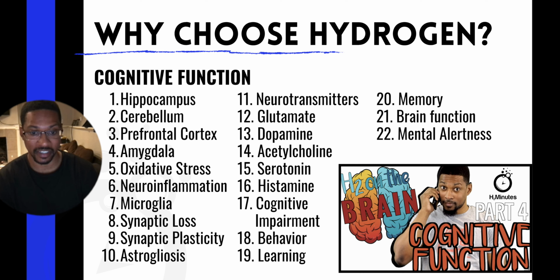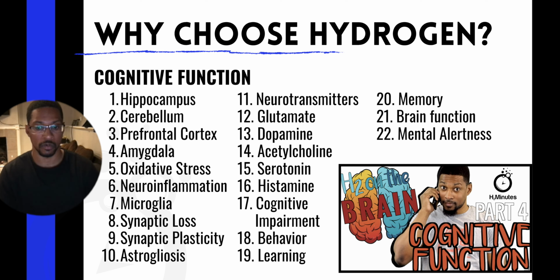We don't have that one on the list, but it does. And it can help with cognitive impairment, behavior, enhance learning, improve memory, enhance brain function, and improve mental alertness.